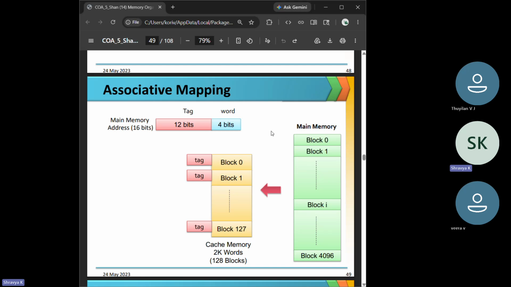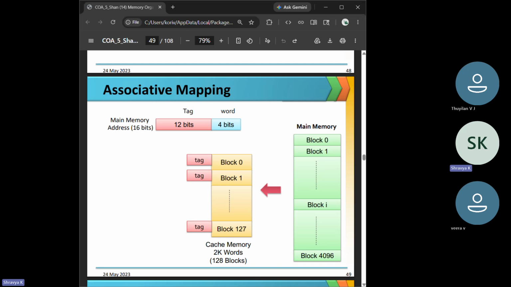So the remaining 12 bits are used for identifying the tag, or which block it is. So, which block amongst these we are referring to can be identified with the tag, and which word within the block we are identifying is done with the 4 bits.